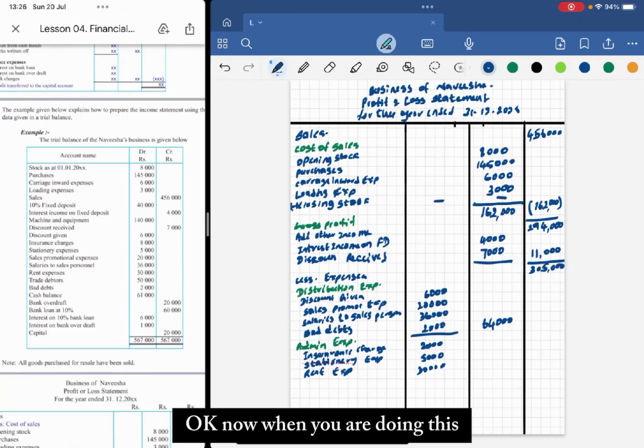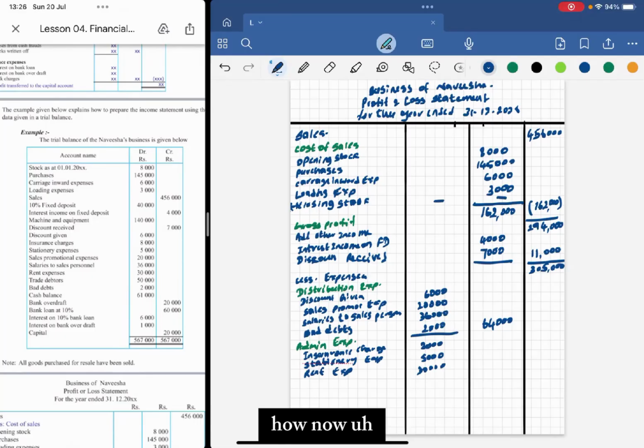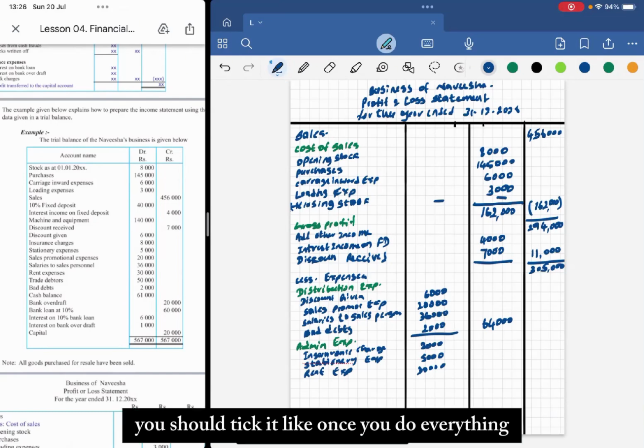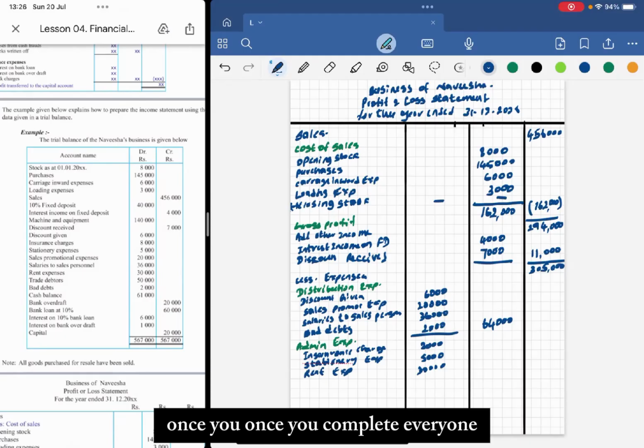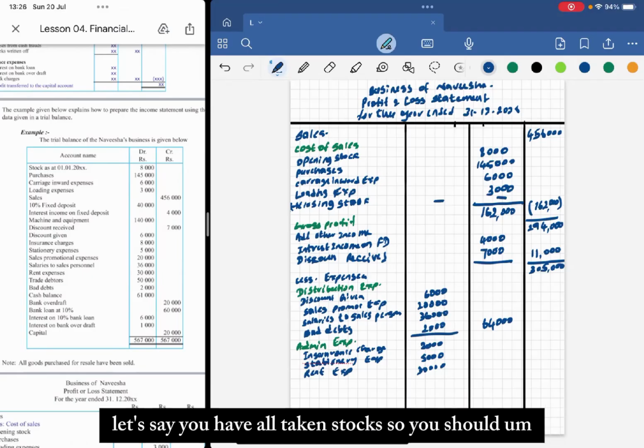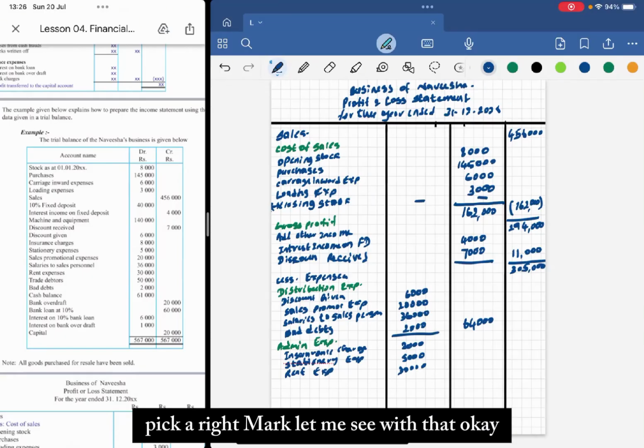Okay. Now, when you are doing this, how you should do is when you have this on your paper, you should tick it. Once you complete everyone, once you pick an expense, you should tick it. Let's say you have taken stocks, so you should pick a right mark.